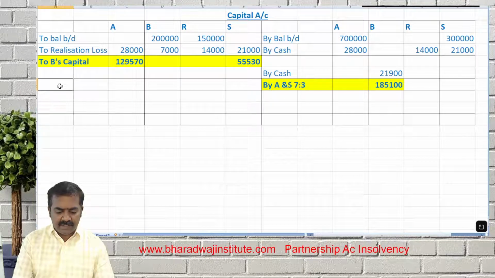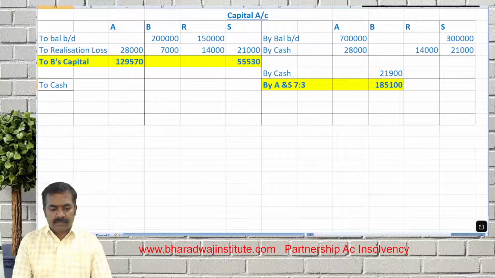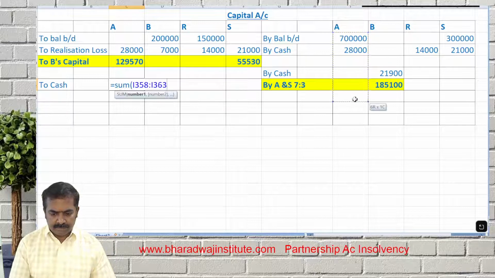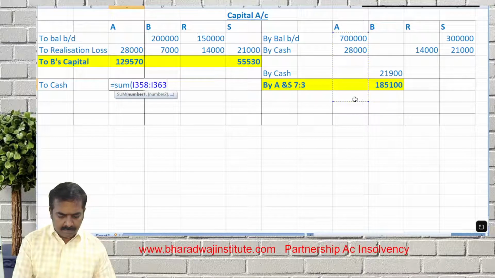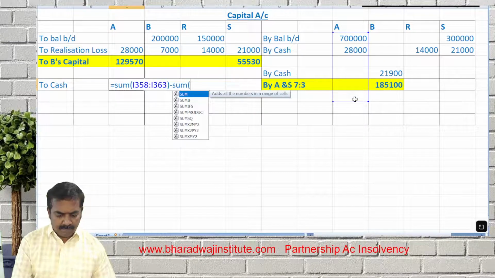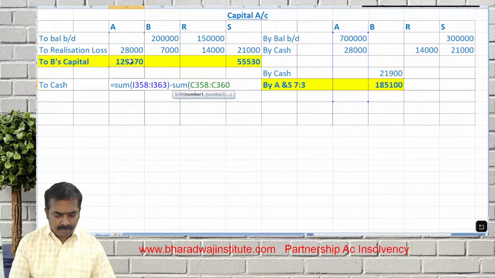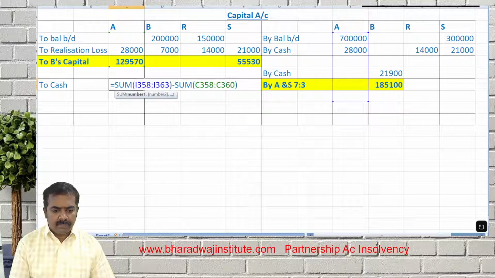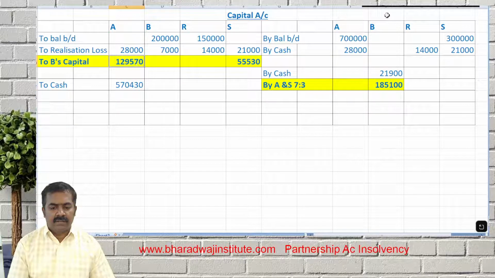When we tally, what is the balance? To cash, what is the balancing? Where is the one mark?